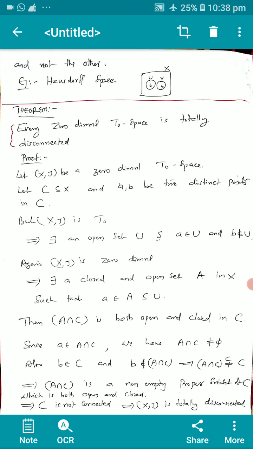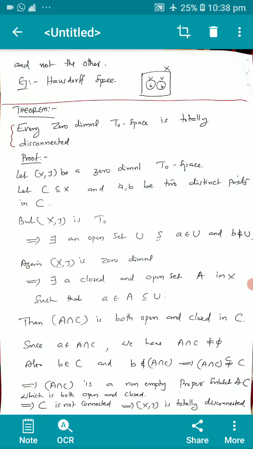Then what will happen? A intersection C is both open and closed in C. And moreover, small a is an element of A intersection C. Since a is an element of A intersection C, we have A intersection C is non-empty.